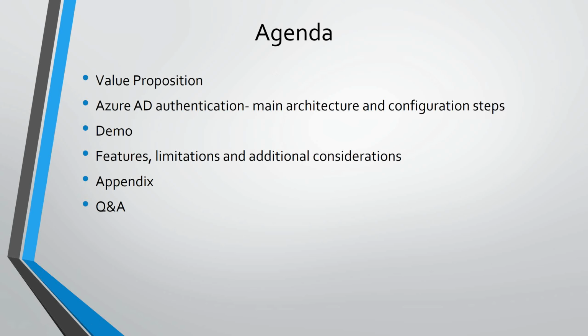And a major part of this presentation is the demo, because the demo will combine different components. There is an Azure Active Directory part and the SQL part itself. And at the end, we will talk about some other feature considerations and possible limitations. In the appendix, there's plenty of material that I will not cover because of the lack of time. So with this, let me get started.